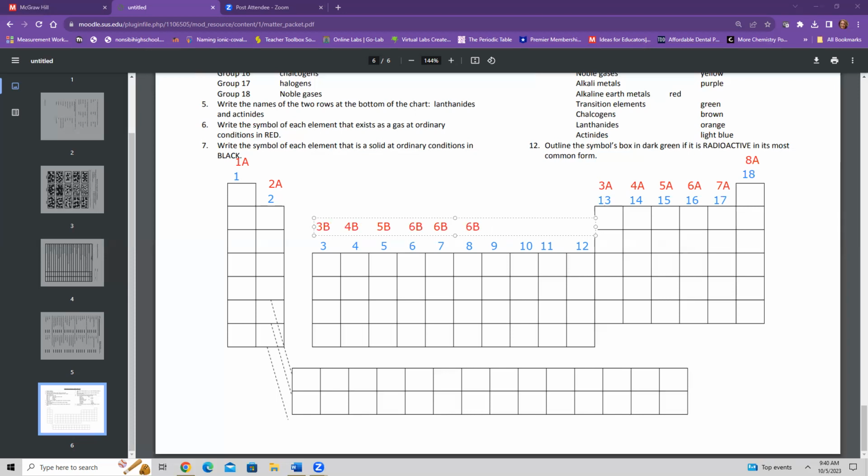Oh, sorry. Did I say 6? I meant 8. My brain's not working today. 8B, 8B, 8B, 8B. There's no 9, so it's back to 1B, and then 2B, which is really strange. That's the way it works on this periodic table.